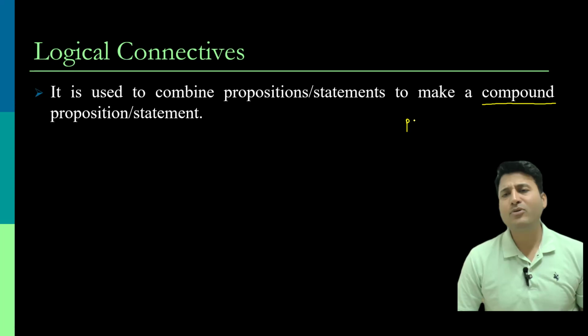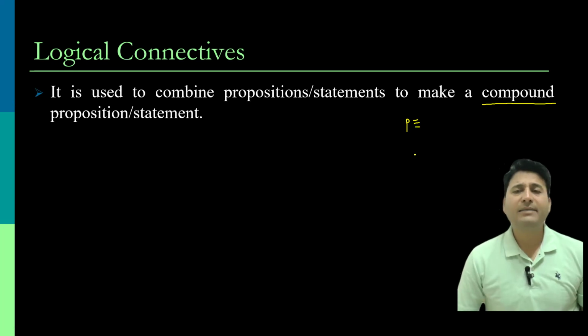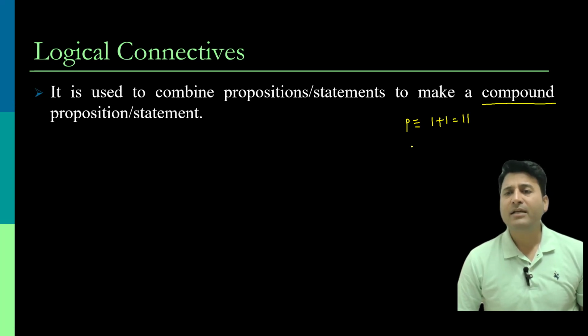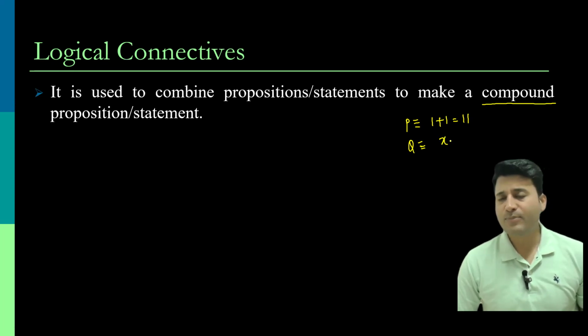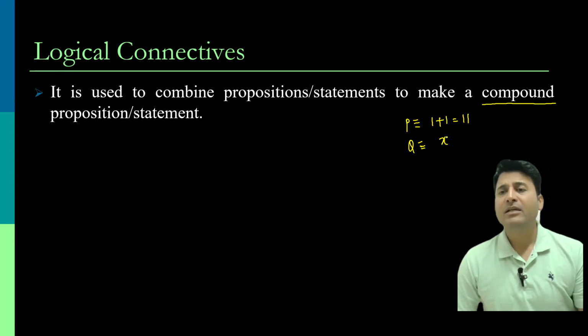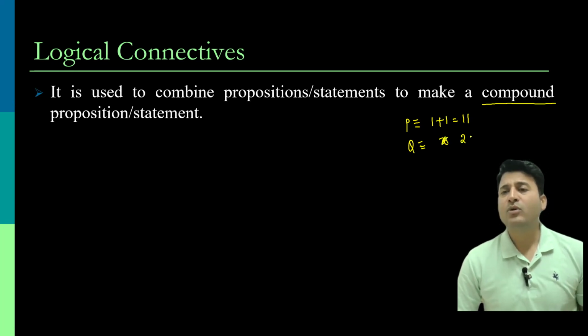For example, suppose we have P as a proposition, let it be 1 plus 1 equals 11. Let us take one more, which is Q. We are supposed to make it a proposition, so let us take it as 2 is greater than 5.